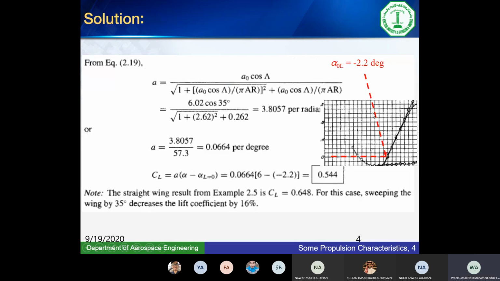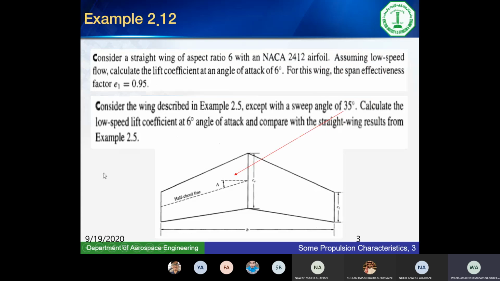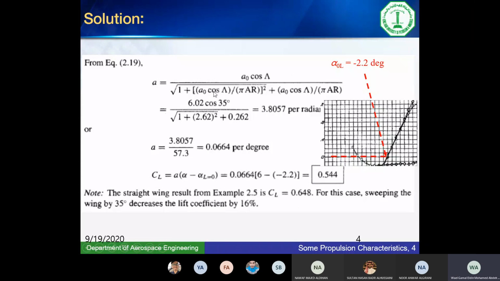Remember the 2D section, the one that you see here on the side, was 6 per radian. So you see it dropped a lot. It lost like 40% of the slope, simply because of the finite as well as the swept factor. Now, that's the slope.